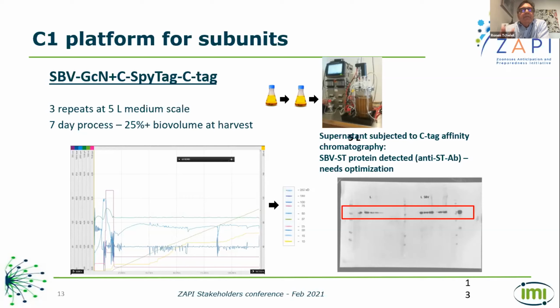Something which maybe we haven't mentioned is that the Schmallenberg virus antigen, the GCN, also contained the spike tag and the C tag, and the C tag is actually helping us to purify it in a very short time and few steps. And here the figure is really showing how the purification went on.